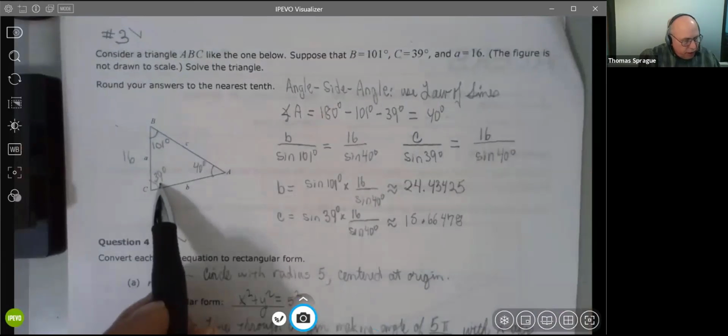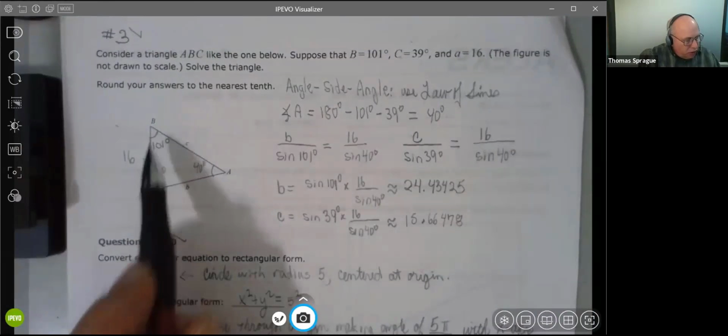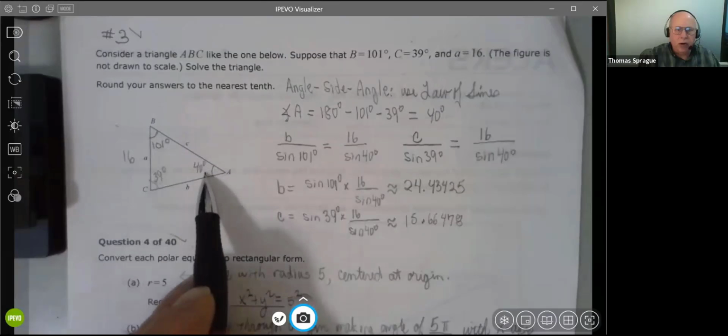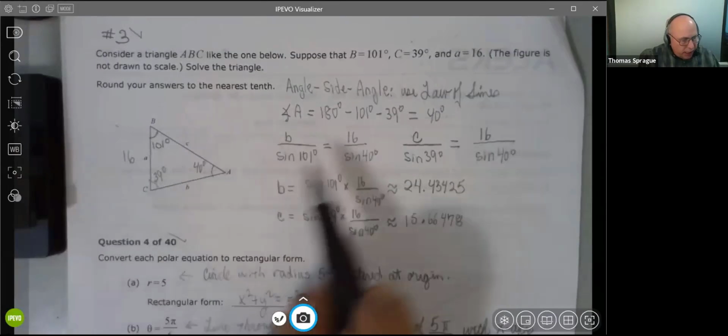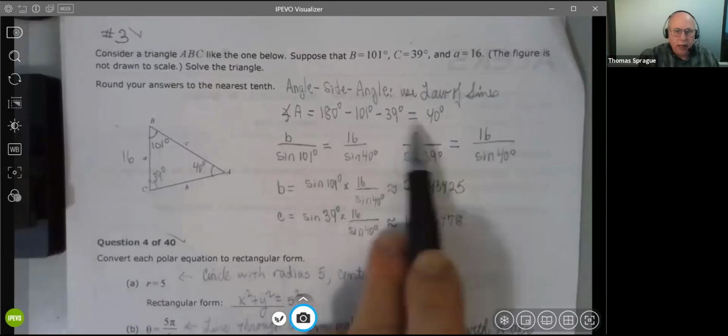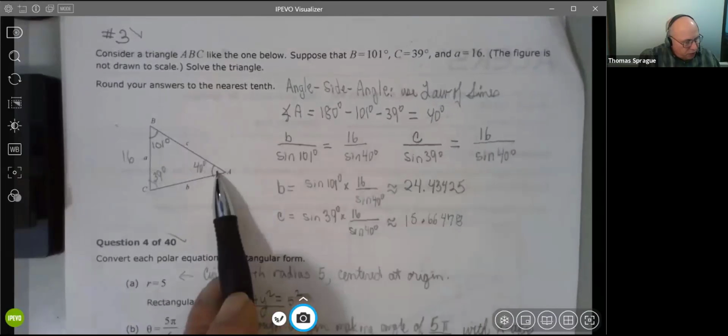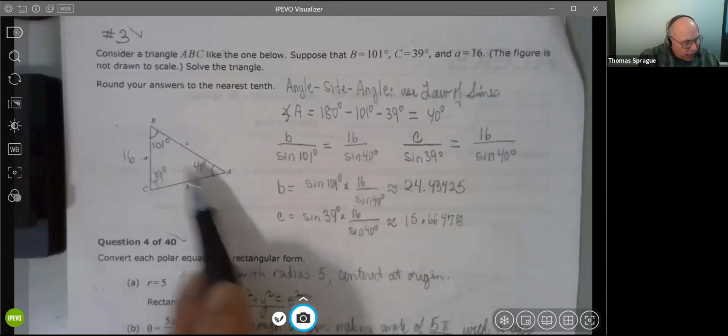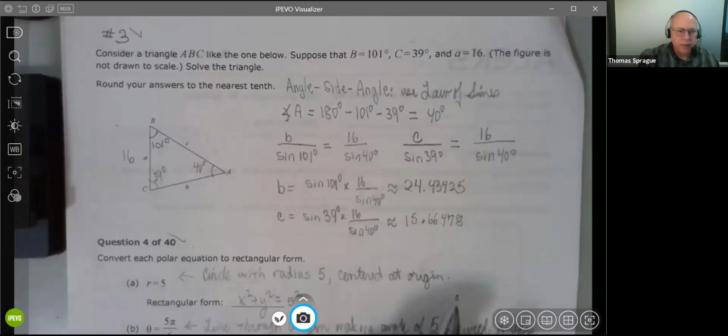If you know 2 of the angles, you automatically can figure out the third one because you subtract what you've got from 180. In this case, the remainder is 40. So we know exact values for every single angle.